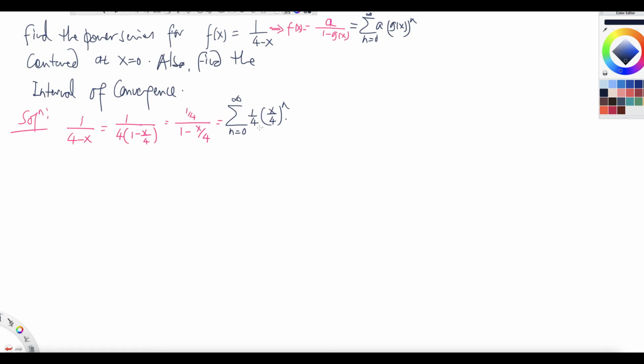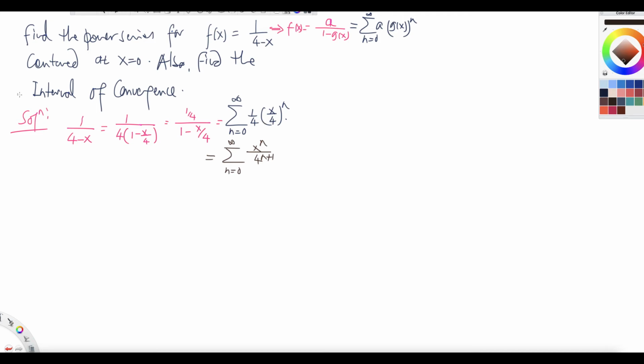If you want to simplify, you can keep it like this, or write it as the summation from n equals 0 to infinity of x to the n over 4 to the n plus 1, because the 4 and 4 match. Not a problem. You can write that as the final answer.